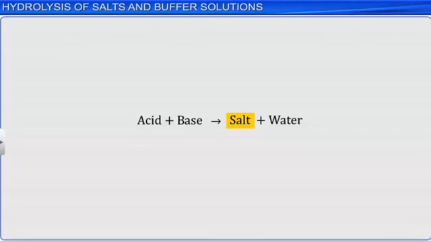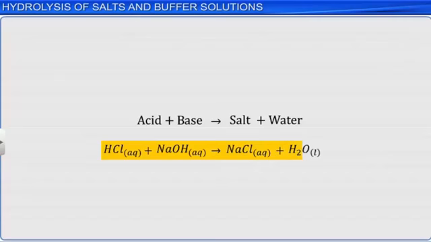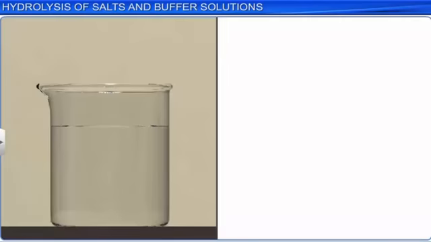Salts are formed by the neutralization of an acid with a base, or vice versa. For example, when hydrochloric acid reacts with sodium hydroxide, sodium chloride and water are formed. Generally, salts undergo complete ionization when they dissolve in water.